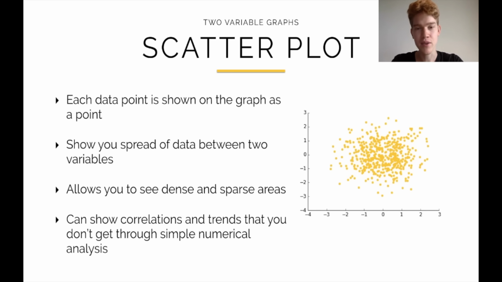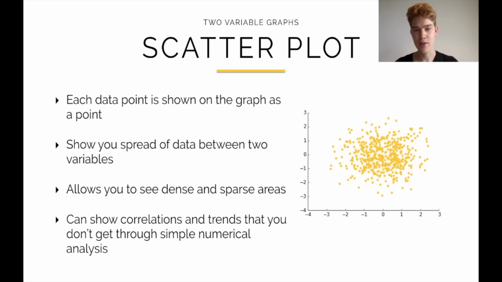Now, for a scatter plot, what we're doing is we're really scattering all of our data points onto a graph. So pretty much every data point that we have, we put a little dot onto the graph. And scatter plots are great because they allow us to see spread of data between two variables. So we're always plotting one variable on the x-axis and then another variable on the y-axis, and it allows us to see how the data is distributed for these two variables.